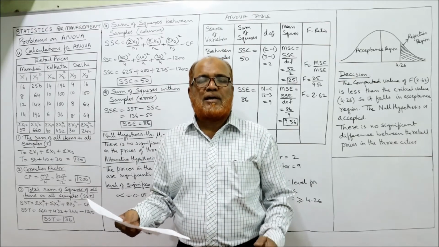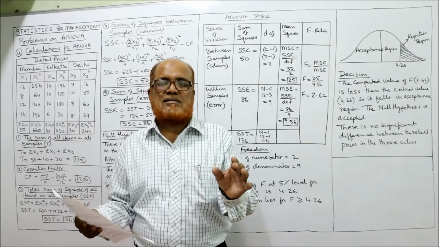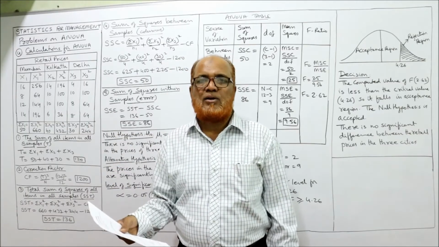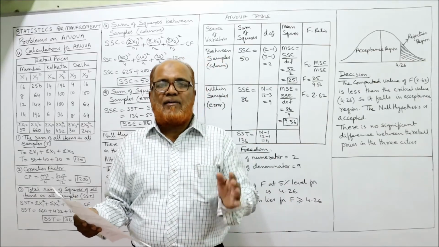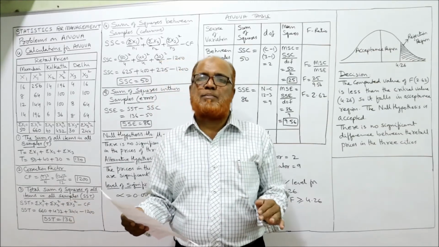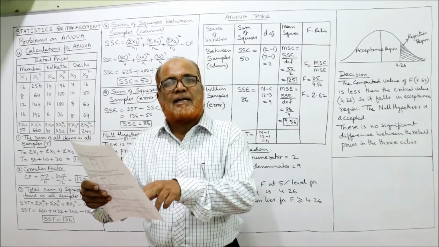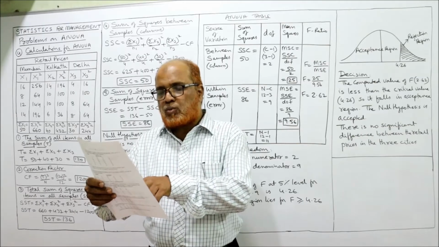So here the researcher wants to compare the retail prices in the 3 cities: Mumbai, Kolkata and Delhi. 4 shops are randomly selected in each city and we have recorded the prices prevailing in the 4 shops. In Mumbai the prices are 16, 8, 12, 14.